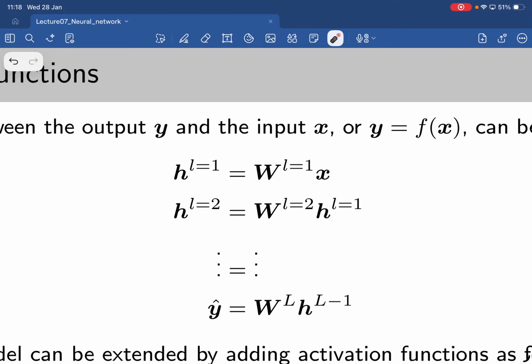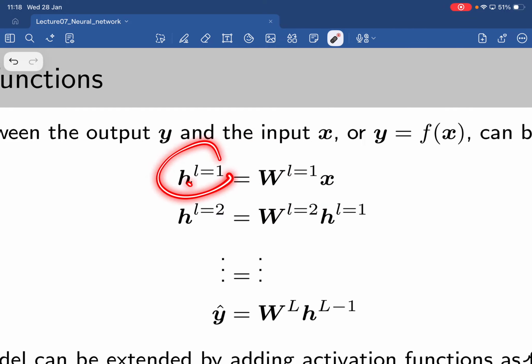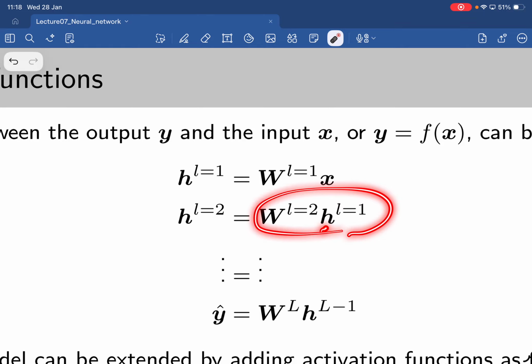If you get these results from the first matrix-vector multiplication, you use that result again and multiply it with a different weight and get a result. And you do this multiple times.